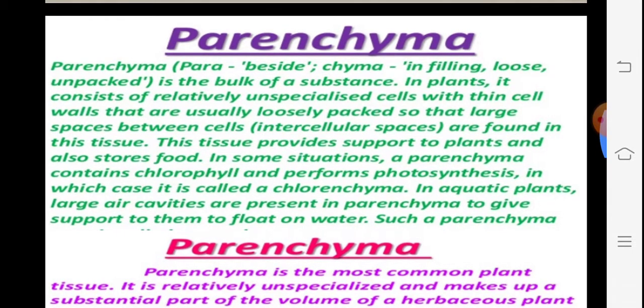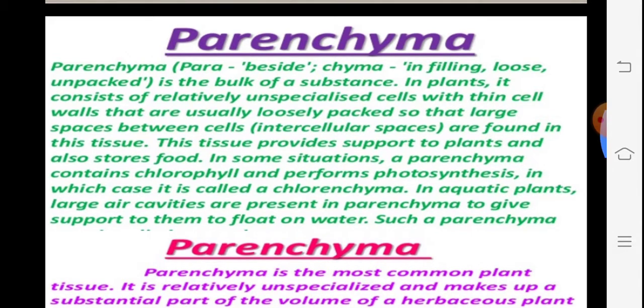In plants these cells are thin-walled and unspecialized, there is no specific character, and generally intercellular spaces are present between these parenchyma cells, or in a group of cells like the tissue. Therefore, if it shows the presence of chlorophyll, it is called chlorenchyma.